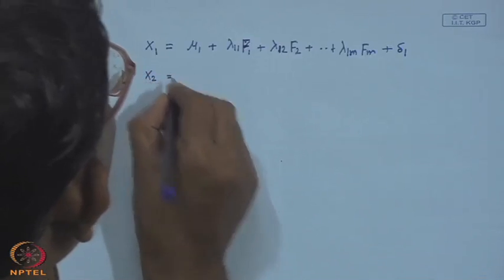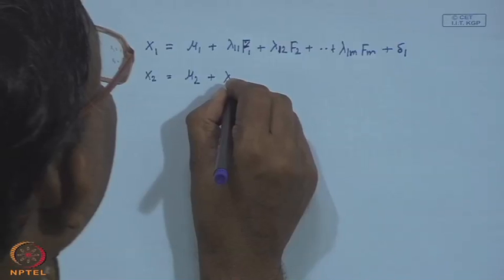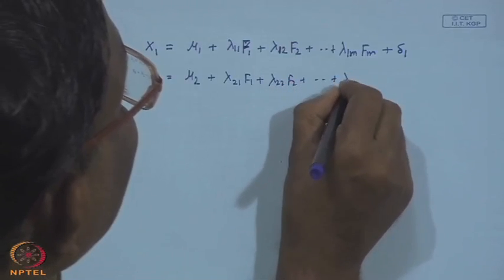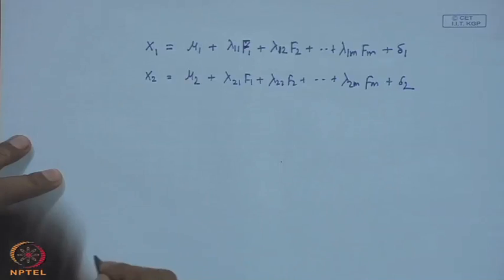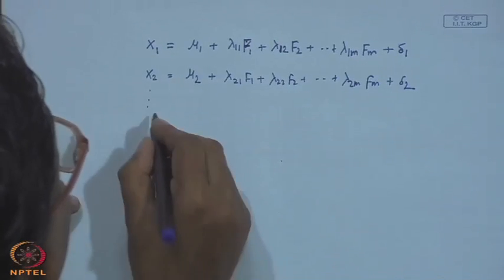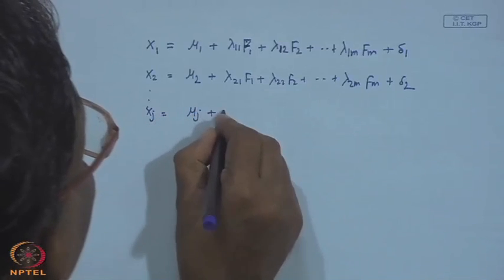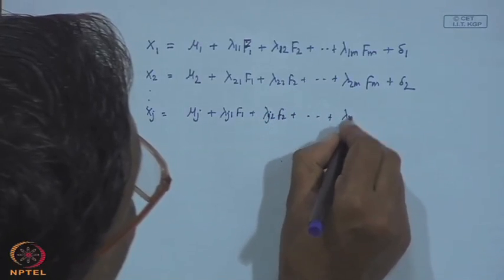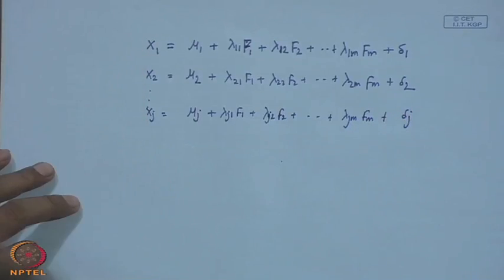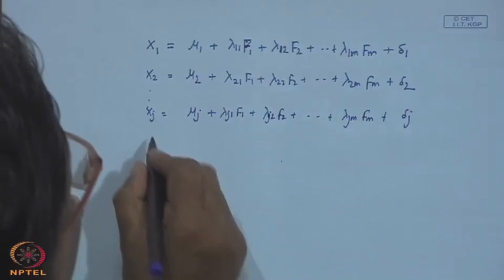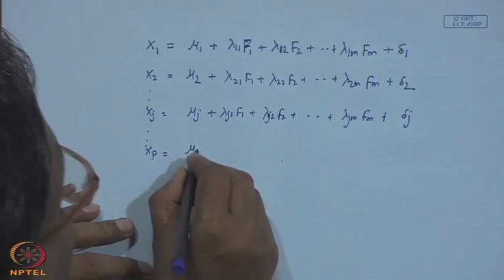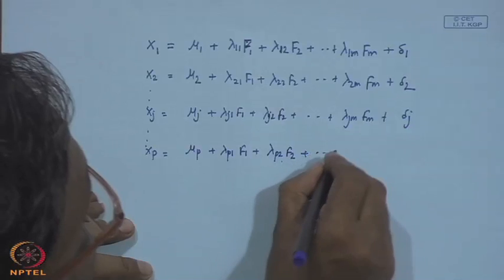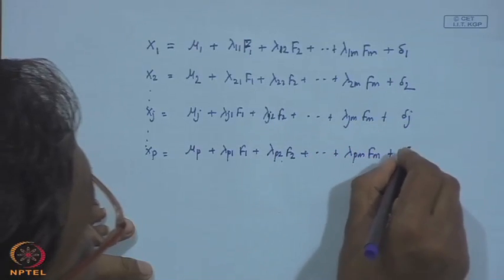Similarly, you can write x 2 equal to mu 2 plus lambda 2 1 f 1, lambda 2 2 f 2, like lambda 2 m f m plus delta 2. So, in this manner you can write x j equal to mu j plus lambda j 1 f 1, lambda j 2 f 2, lambda j m f m plus delta j, and the final one is x p equal to mu p plus lambda p 1 f 1, lambda p 2 f 2, lambda p m f m plus delta p.